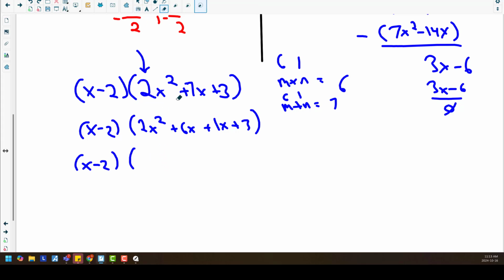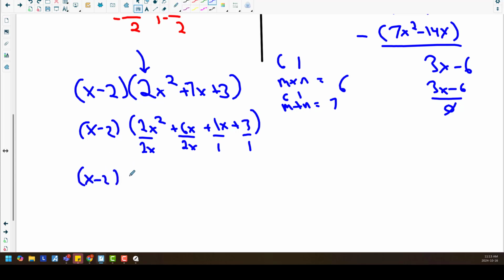And before I write the 2 there, I'm going to now do some common factoring. So 2x can be factored from here, and only 1 can be factored from here. So this becomes 2x, and that's x plus 3.